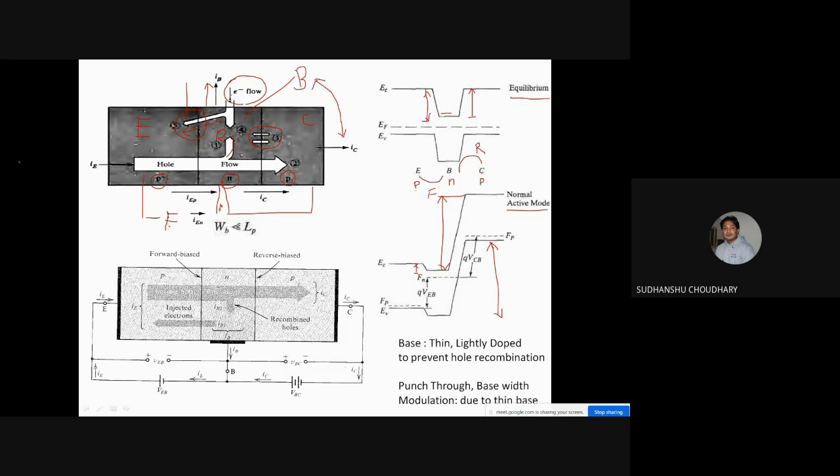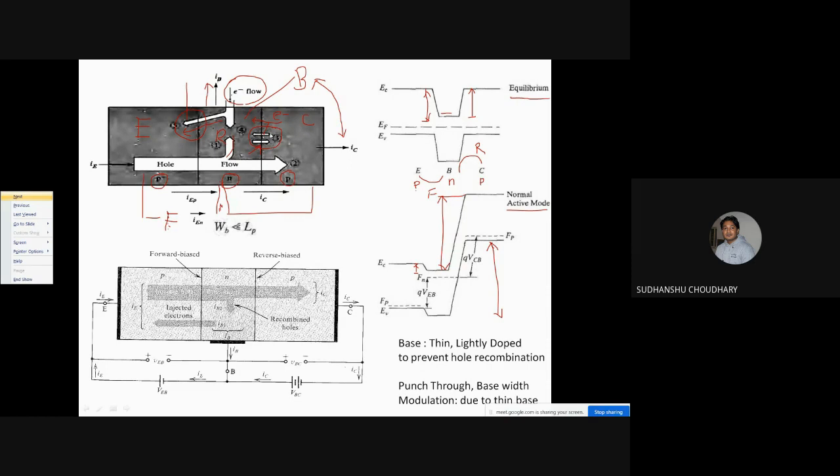In the active mode, we had said that the collector base junction is reverse biased. So minority carriers from the p side, that is electrons, will move from collector to base, which is shown by this small white arrow. Similarly, minority carriers in the base, which are actually holes, move from base to the collector side.